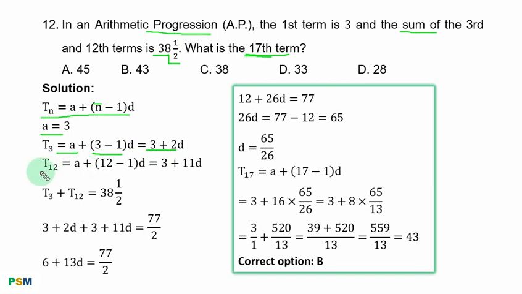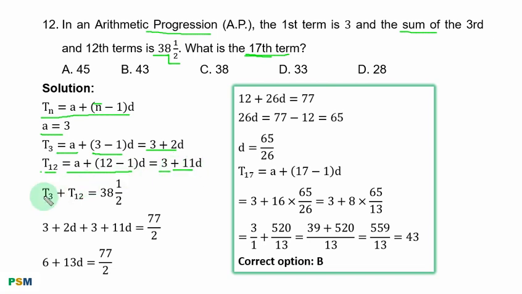Then the 12th term, you replace N by 12 in the nth term formula. The first term is equal to 3. 12 minus 1 is 11 times D.